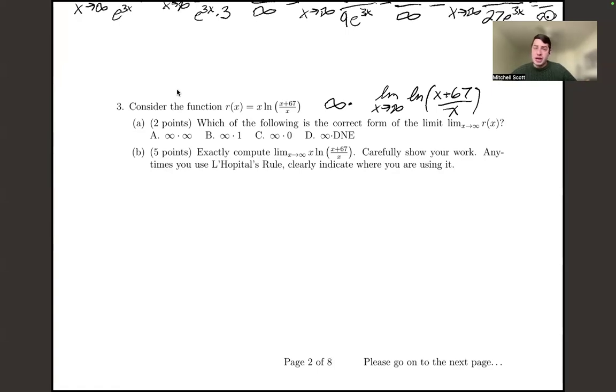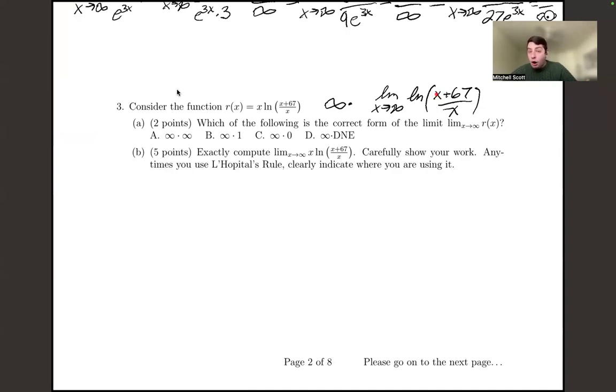So there are a few different ways that I could do this. One, I could realize that if we plug in x here, I get an infinity over infinity case. So that means I'm going to have to do L'Hopital's and see what comes out of it.